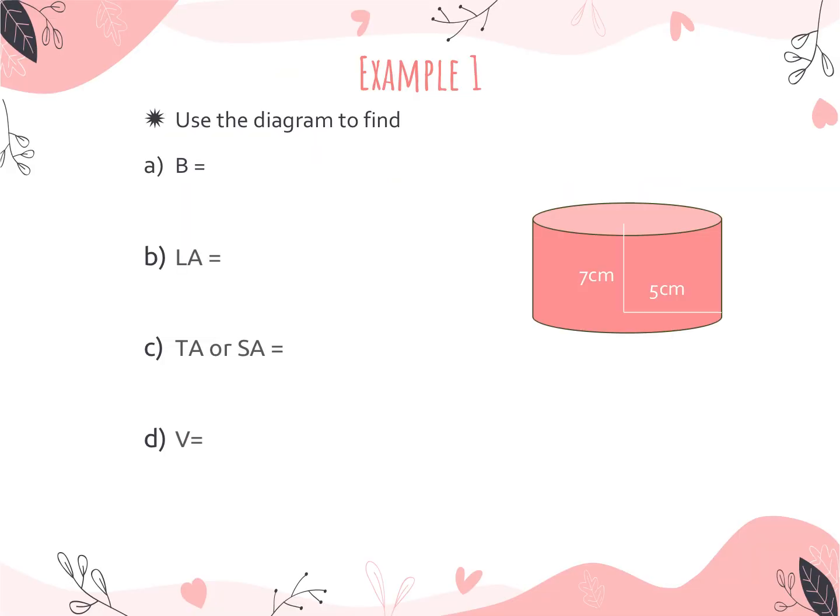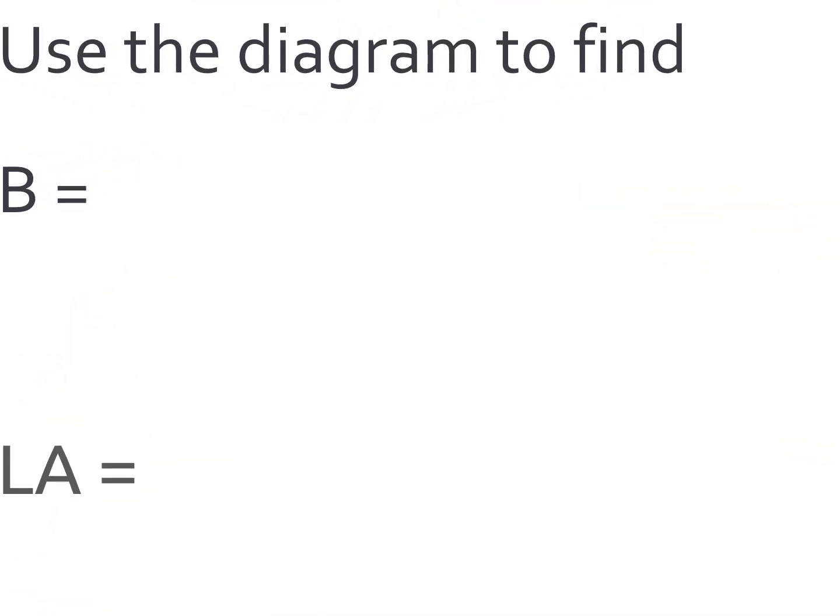All right, solving for these, it says use the diagram to find. They want me to find 4 different things. However, within those 4 different things, I'm going to find 3 answers. I want you guys to be able to understand these. We kind of covered this in the last few lessons.